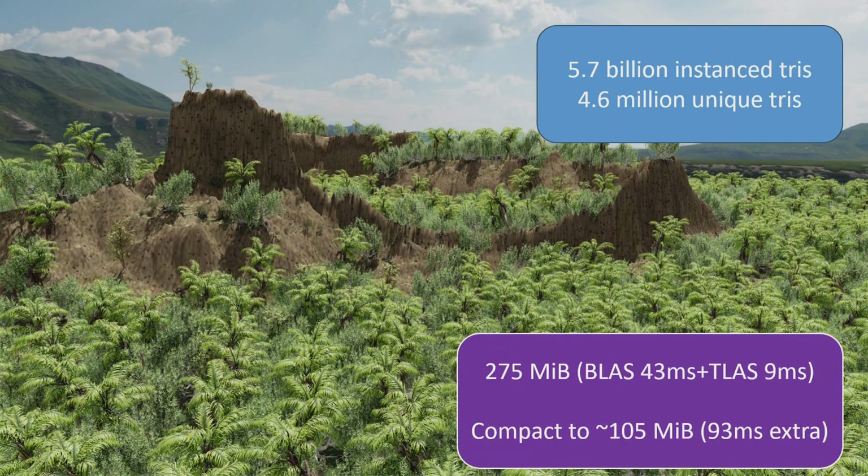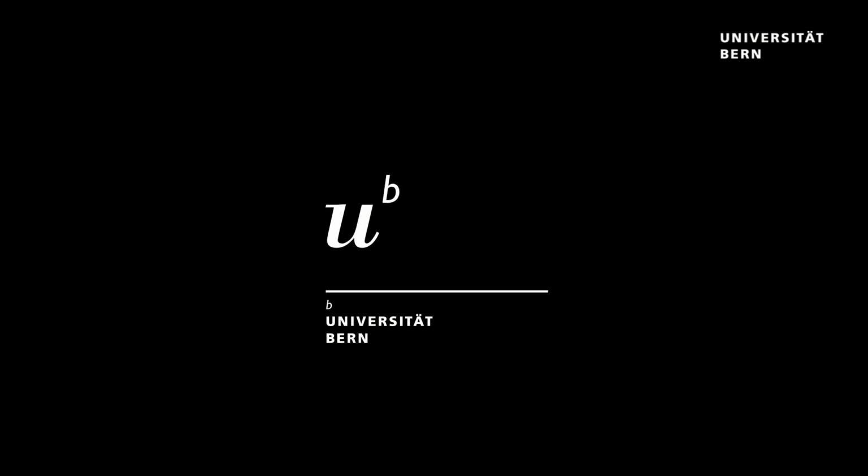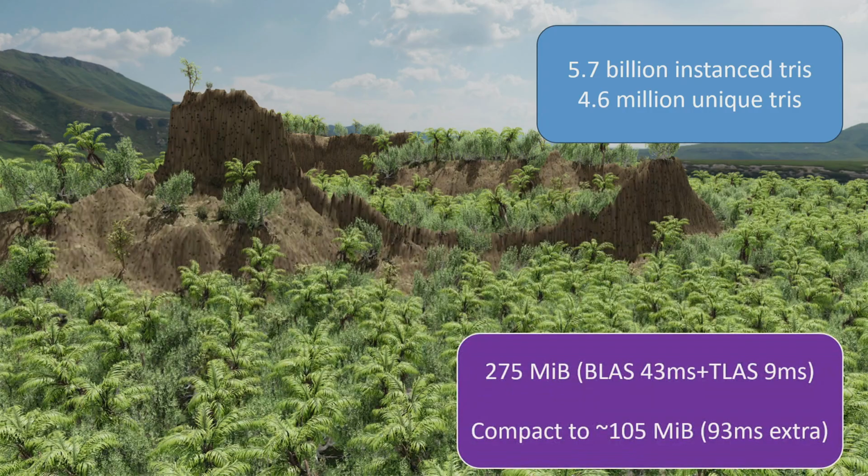But you can then ask the driver subsystem to compact this further and shrink the size to 105 megabytes, although the processing cost for this is not insignificant if you do it for the whole scene. But yeah, storing things efficiently is a concern. 275 megabytes is enough of a budget on consumer hardware that you want to keep track of it.